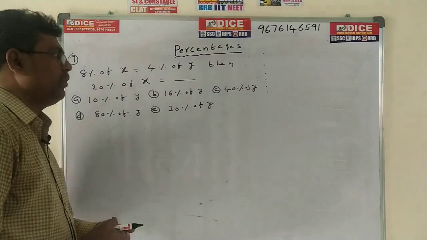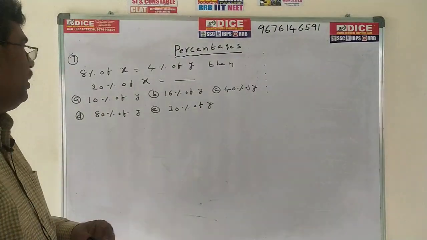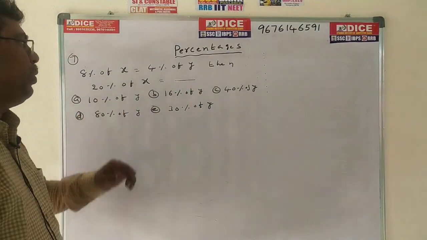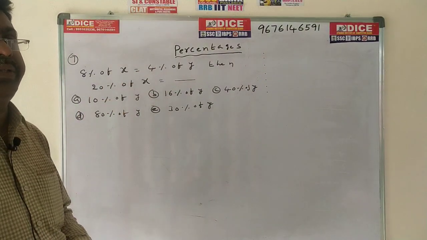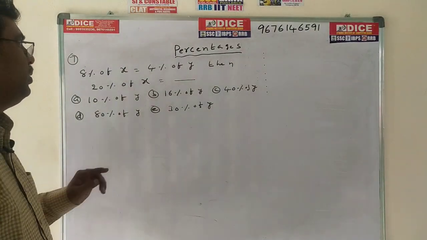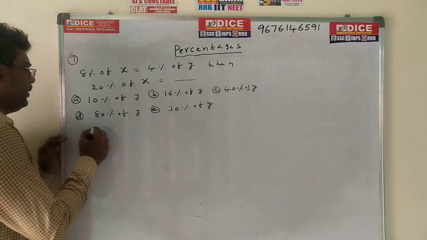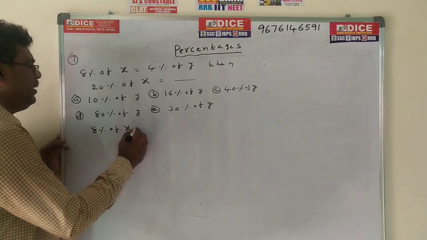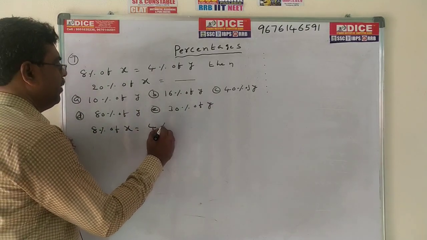Now come to the seventh problem. It's also very easy. 8% of x is equal to 4% of y, then 20% of x is equal to dash. Options he was given like this. We can check out the problem. The first condition was given as 8% of x is equal to 4% of y.